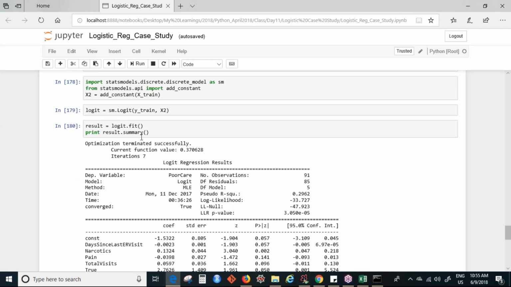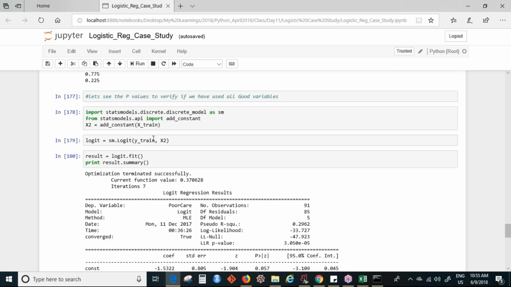Okay. And again, now coming to the p-values part. It is similar to what you do in linear regression. To compute the p-values, you again call the stats model API. So stats model API, you first add a constant. If you don't add a constant, beta naught will be 0. You don't want your beta naught to be 0, so you will add a constant, and then you will build your model again. So see here, we have not used OLS, we have used logit instead.